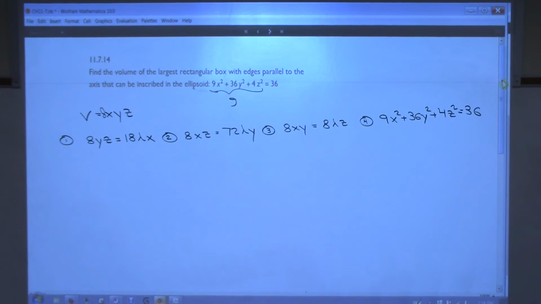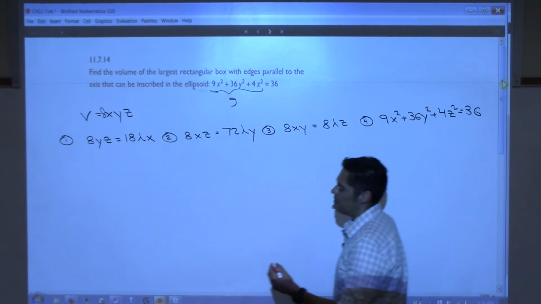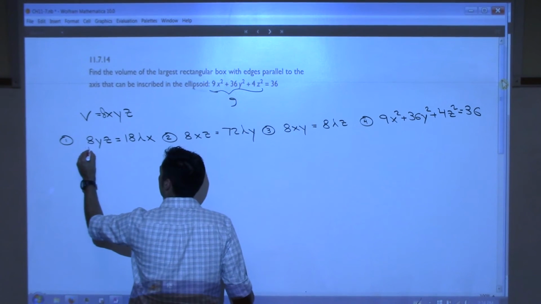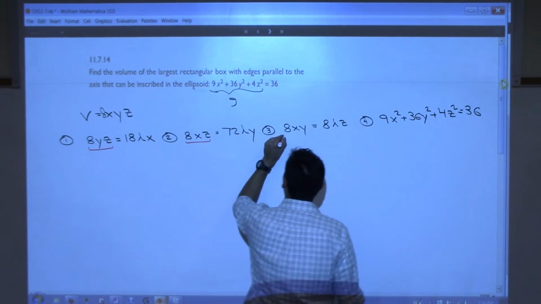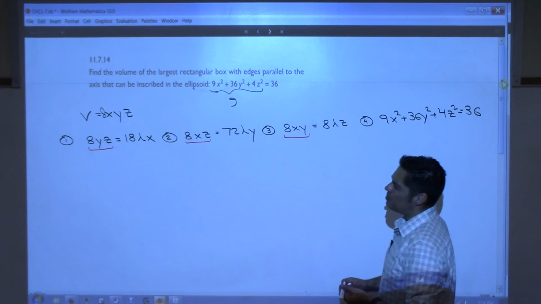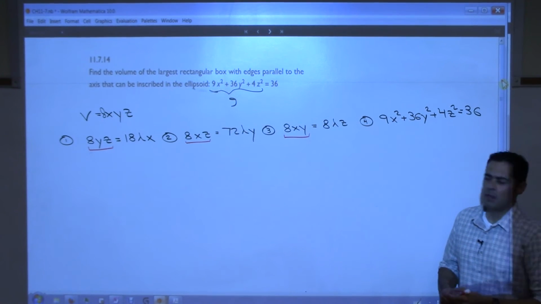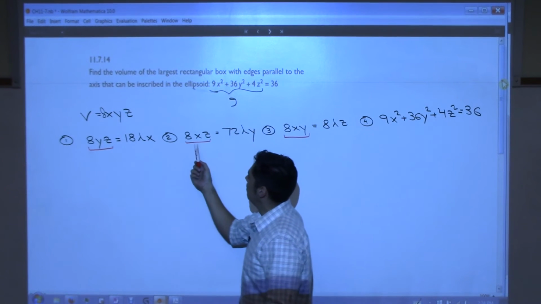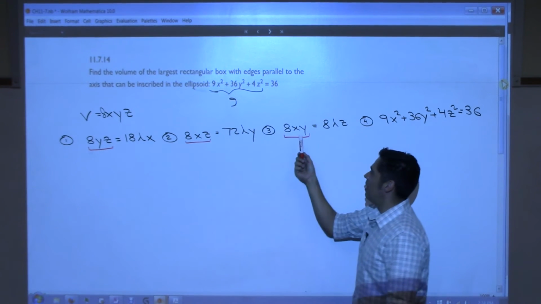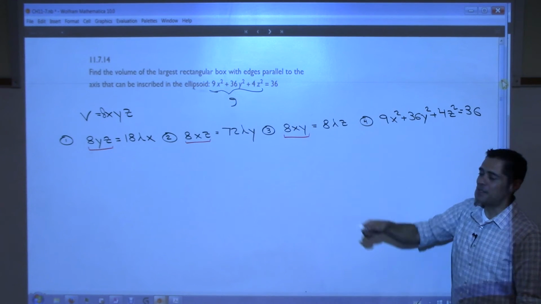What do you want to solve for? My goodness, that looks crazy. There's different methods you could use here. But I want everyone to notice something. 8yz, 8xz, 8xy. Those are almost the same thing, aren't they? If this was 8xyz, and this was 8xyz, and this was 8xyz, then they would all be the same, wouldn't they?